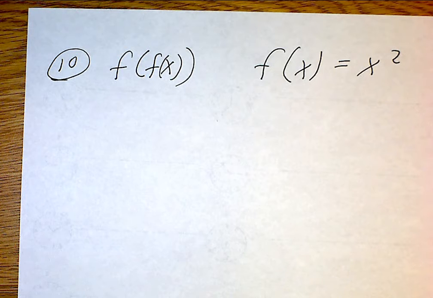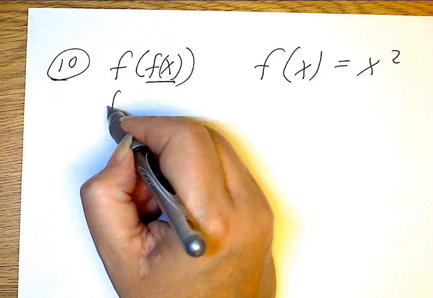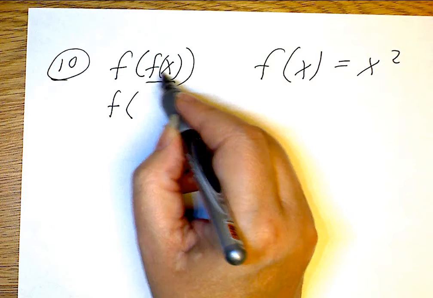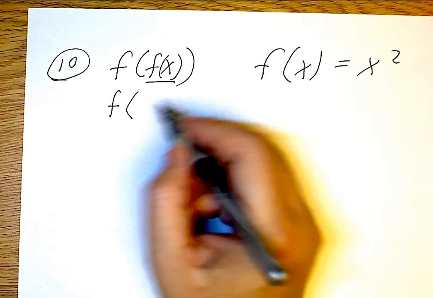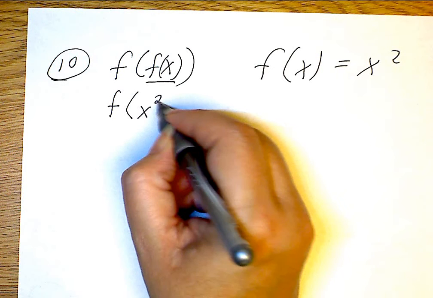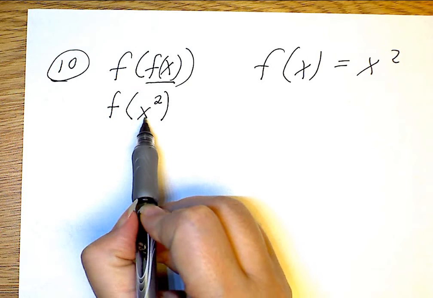The innermost. So this is the innermost. So I'm going to bring this one down, and I'm going to have f. And what does f of x equal? X squared. So that's going to be x squared, right? Now it says to put in x squared where?